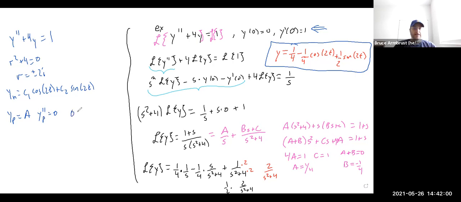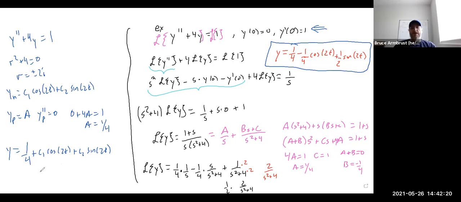Plugging that in, I get 0 plus 4a equals 1, or a equals 1/4. So my general solution is 1/4 plus c1 cosine of 2t plus c2 sine of 2t. Then we'd use our initial conditions to find our c1 and c2. But you can already see we're definitely getting this form.